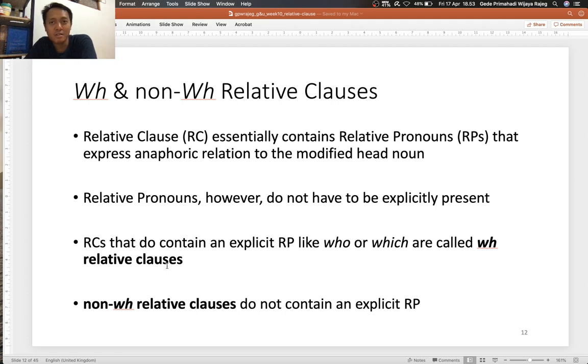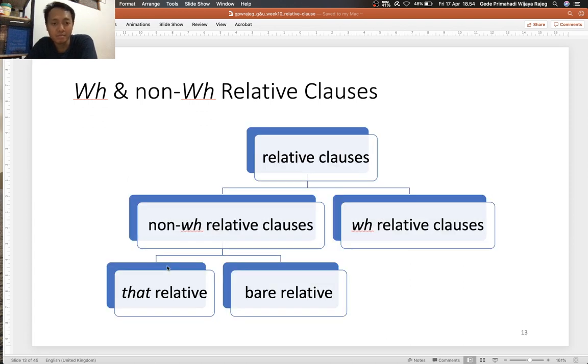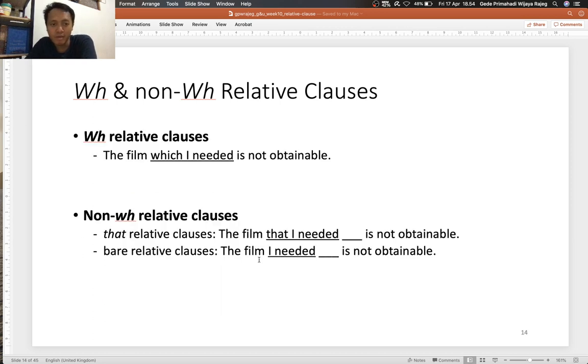Those relative clauses that explicitly contain relative pronouns such as who or which are called WH relative clauses, while those that do not have explicit relative pronouns are called non-WH. The non-WH relative clauses can be divided into two types: the that relative clause and the bare relative clause.